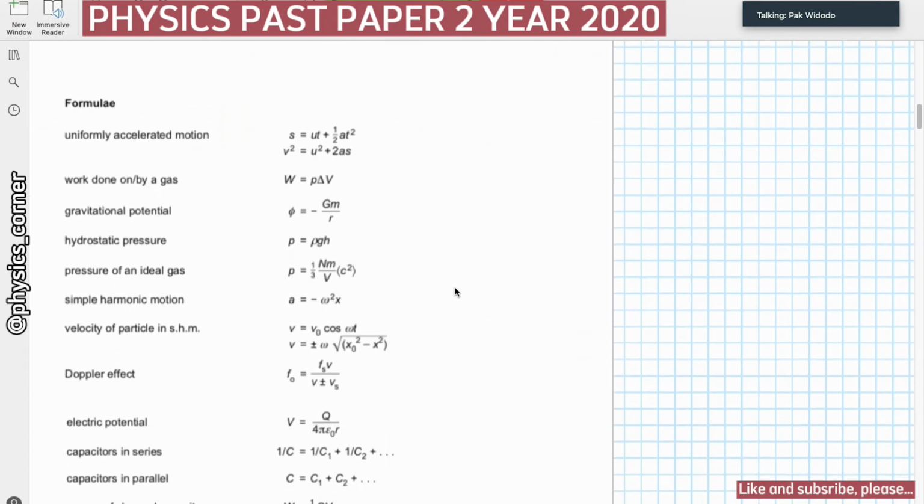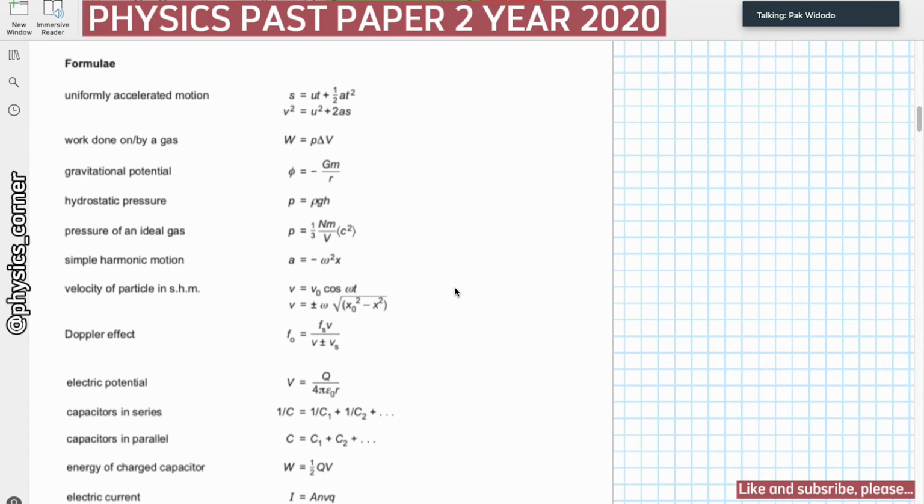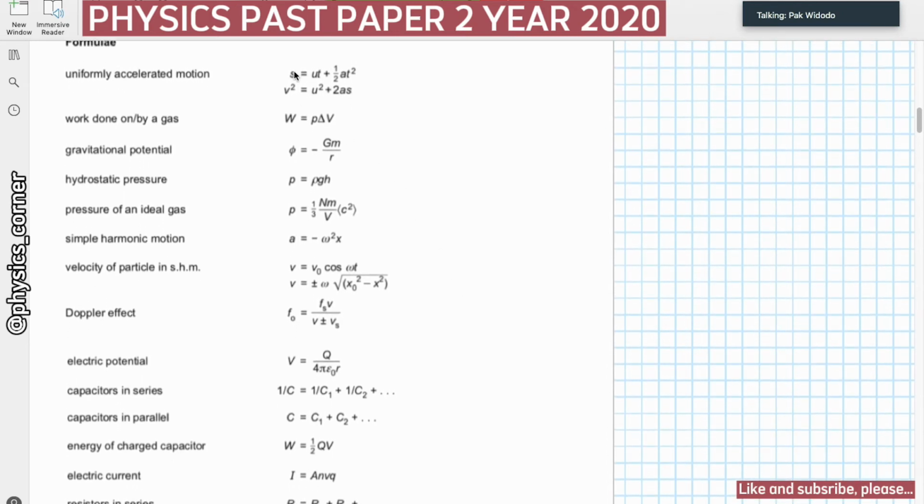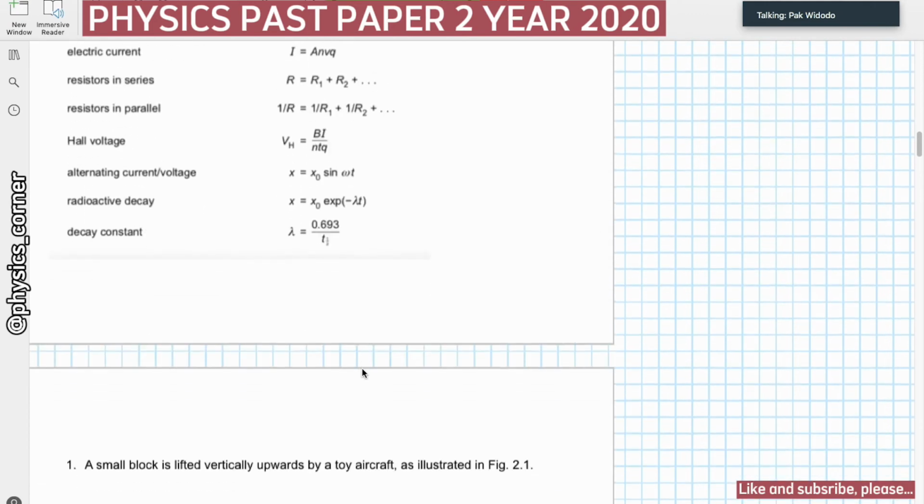They also give formulas, like the formula for linear motion, and the work done by gas, and so on.